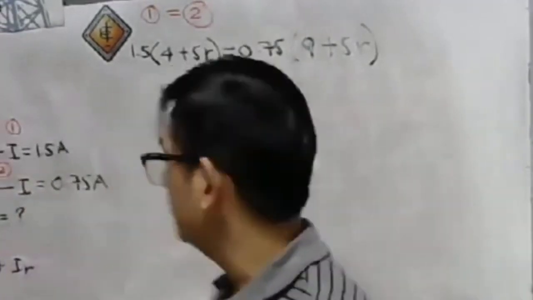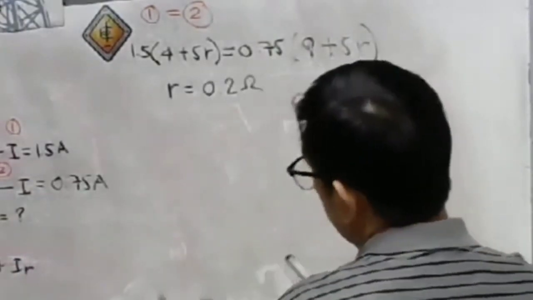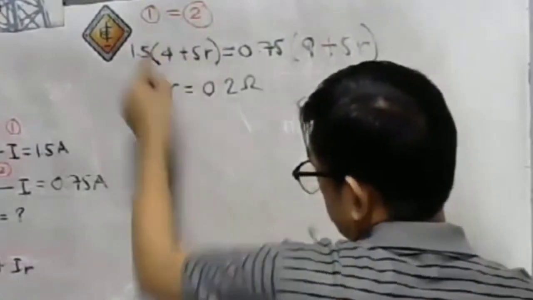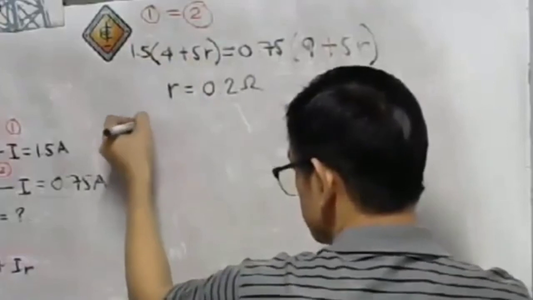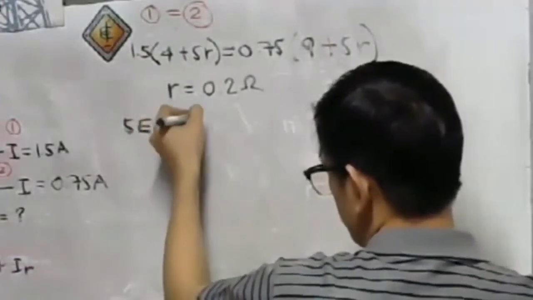What about the EMF percent? This is the resistance percent. Let us take a look at equation number 1. Actually, this is equation number 1. We have 5e, that's equal to 5e. Let us just substitute. This is 1.5.